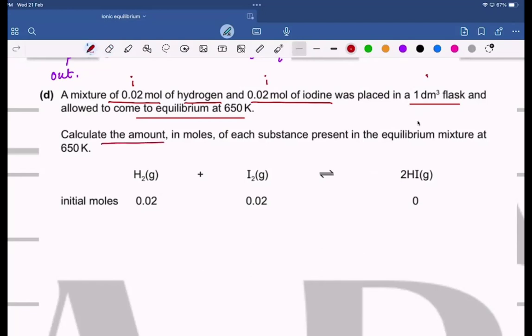Now what they are saying: calculate the amount in moles of each substance present in equilibrium mixture. So we have to find at equilibrium. I have discussed it in the last class. Whenever we have to find the moles at equilibrium, what will we do? Whenever the moles at equilibrium are not provided, what will we do?